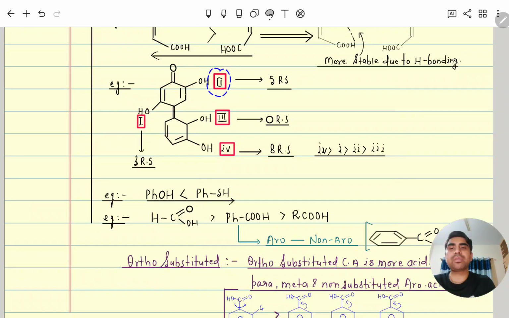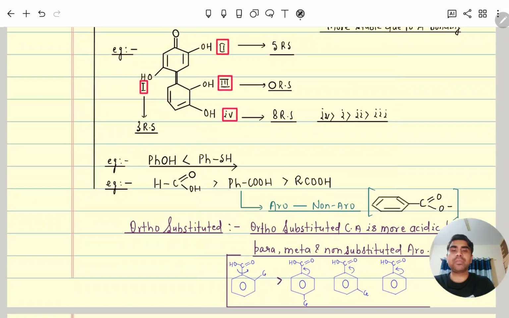The second has 5 resonating structures, the third has 0 resonating structures, and the fourth has 8 resonating structures. So the more the resonating structures, the more stable the conjugate base, and the more stable the conjugate base, the more the acidic strength. Such types of questions we discuss in class, and it is very simple: here it will be negative, and with respect to that, how many resonating structures there will be, I already discussed in part 1.